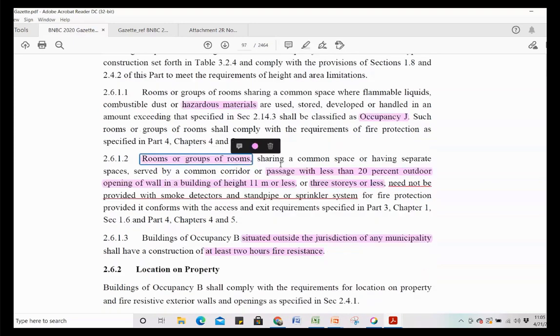Rooms or groups of rooms sharing a common space or having separate spaces served by a common corridor or passage with less than 20% outdoor openings of wall in a building of height 11 meter or less or 3 stories or less need not be provided with smoke detectors and standpipe or sprinkler systems.